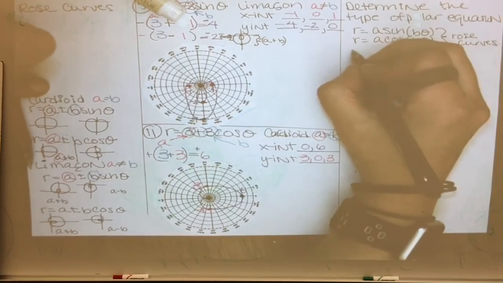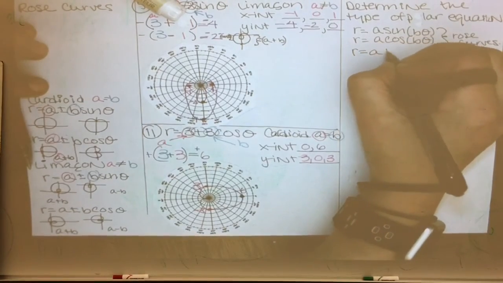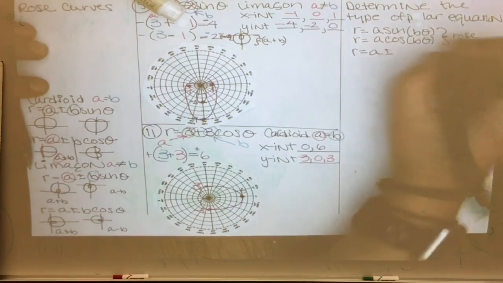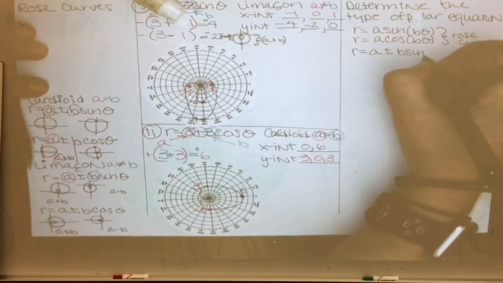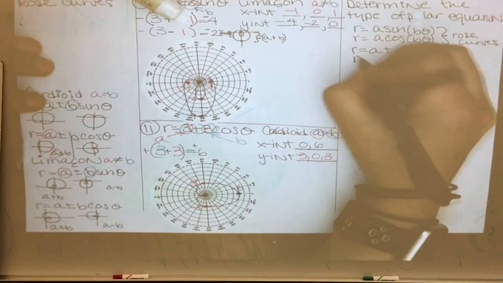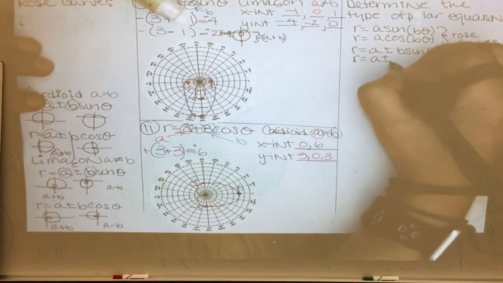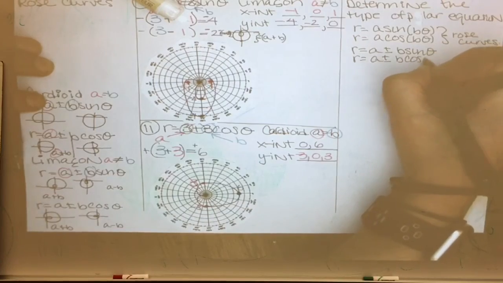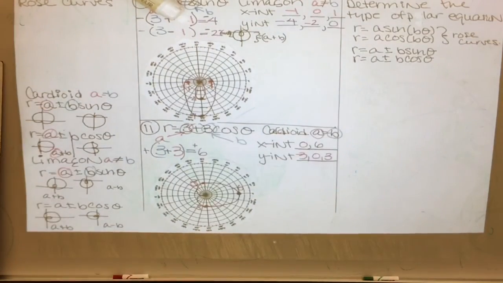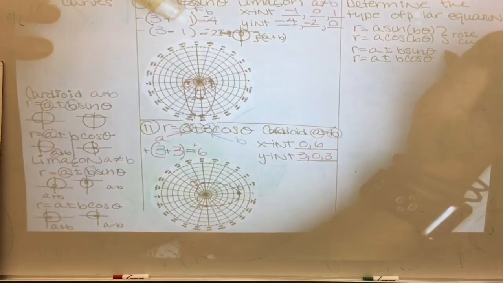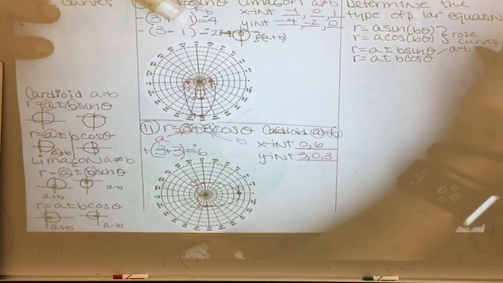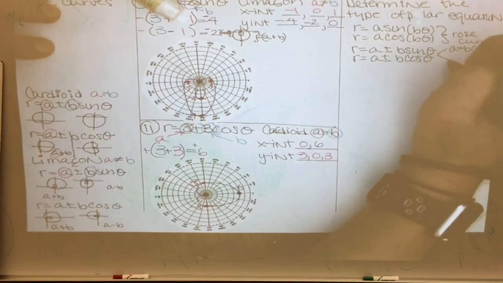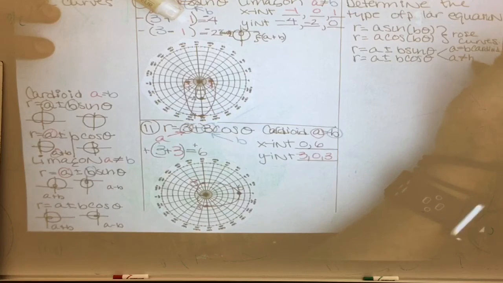If I see something like R equals A plus or minus B sine theta, or R equals A plus or minus B cosine theta, I have two options. I have the option where A equals B, which gives me the cardioid, and where A does not equal B, and that's our limaçon.